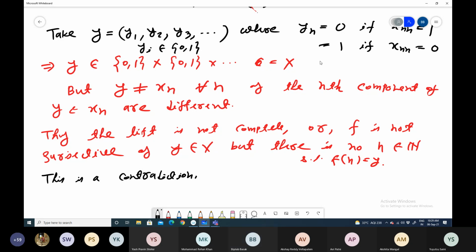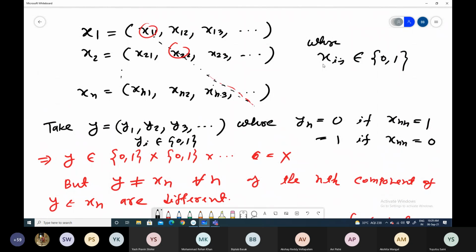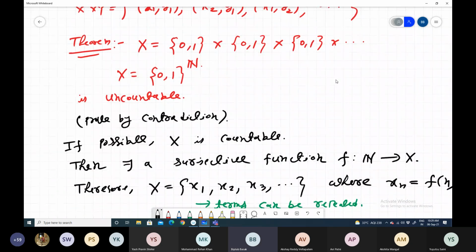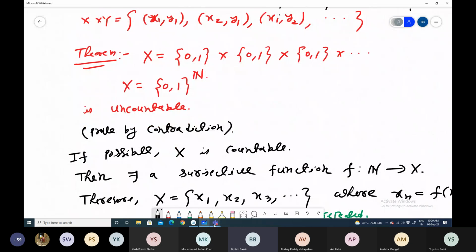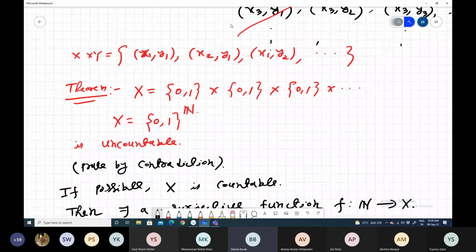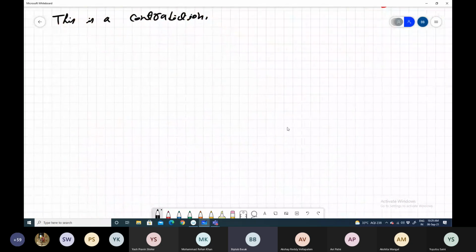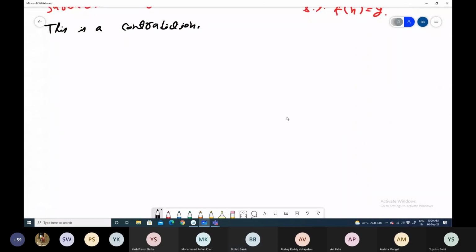Okay. So in this way, we get one uncountable set, right? Now, in a similar fashion, we can prove that the closed interval 0, 1 is uncountable.